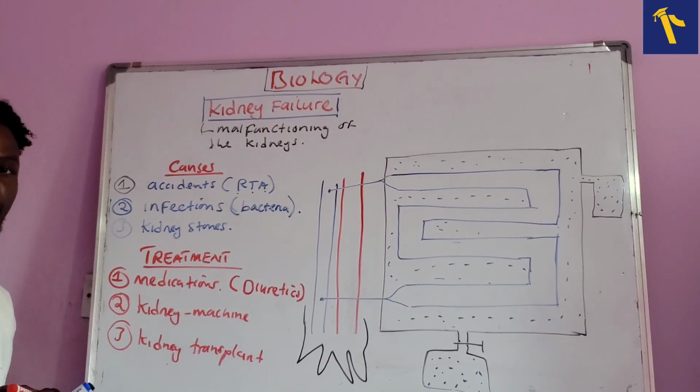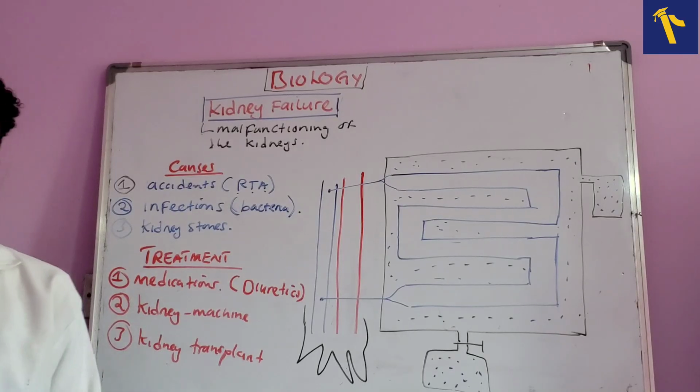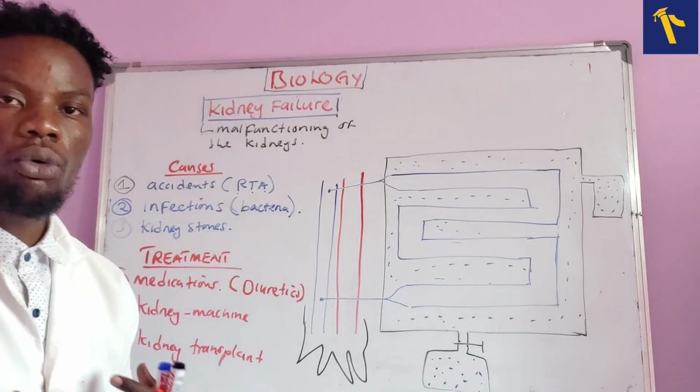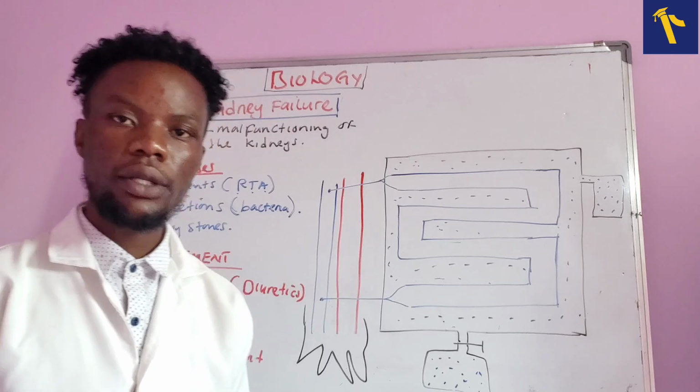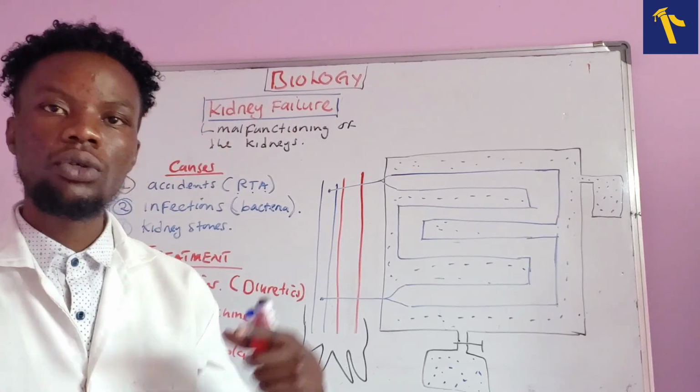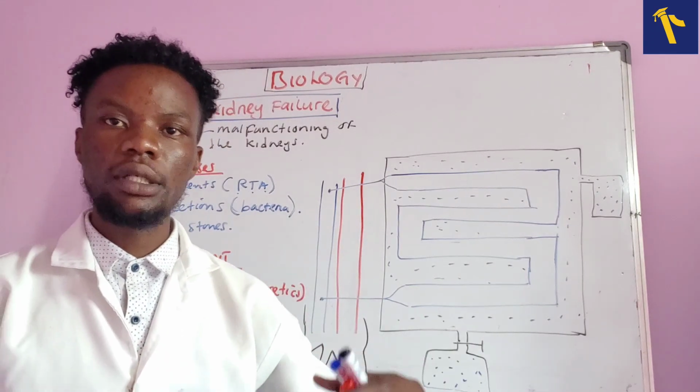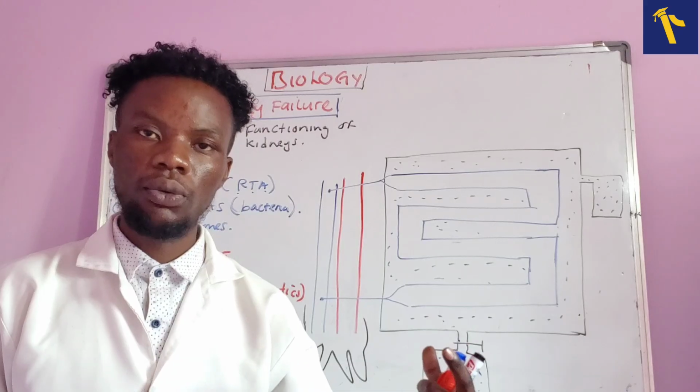So what is this kidney transplant? Kidney transplant is more like you're going to remove the kidneys that are not working well from yourself, and you're going to receive a healthy kidney from another person who is healthy.